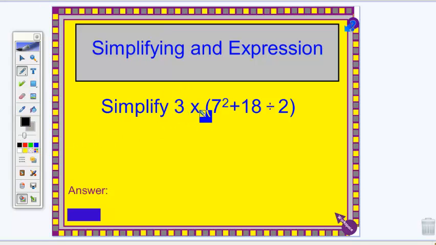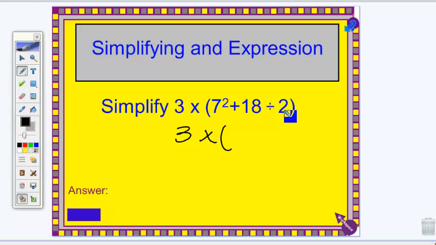So here we have 3 times the value of 7 squared plus 18 divided by 2. So here we have 3 staying times, then we need to make sure that we are working the parentheses. We have 3 times 7 squared.